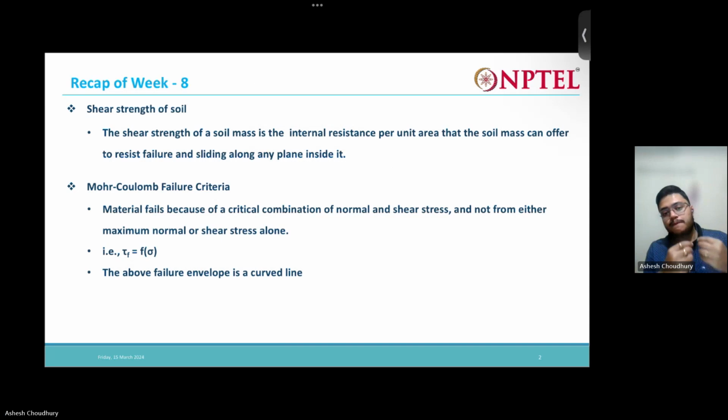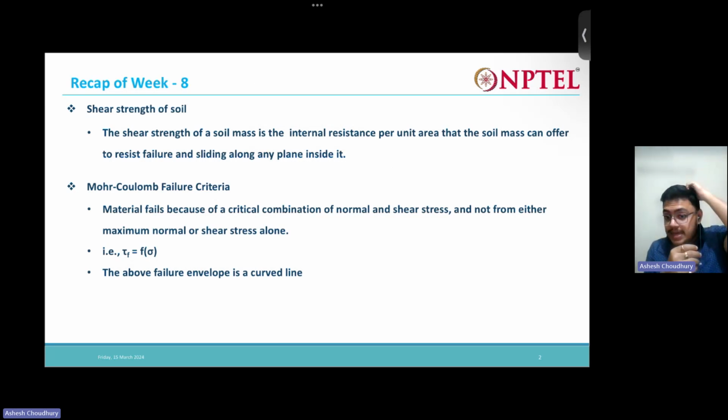As the soil fails, there is a tendency of the soil mass to slide along that plane, slide and fail. That's why it is written here that shear strength is the resistance the soil mass can offer to resist failure and sliding along any plane inside it.